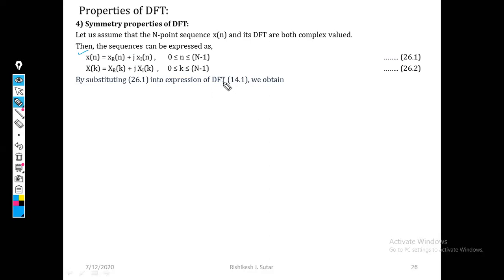So let us write the basic equation of DFT first. x of k is equal to summation x of n e raised to minus j 2 pi k n upon capital N, where n runs from 0 to N minus 1.